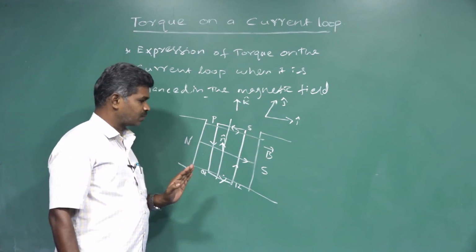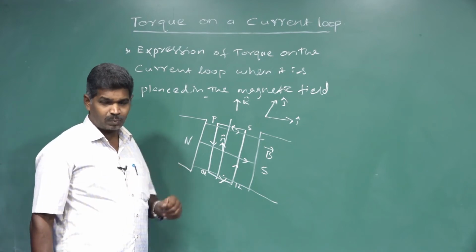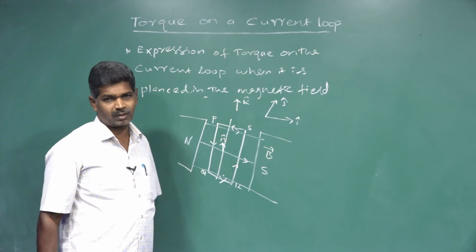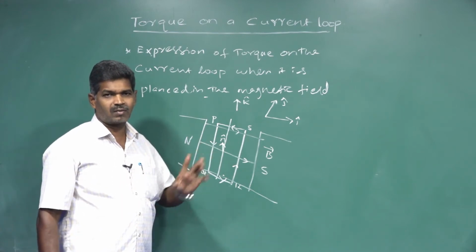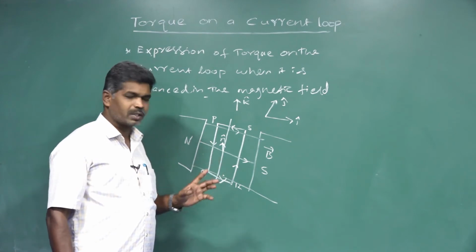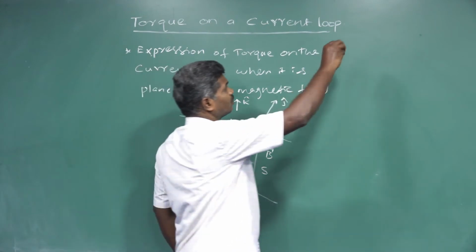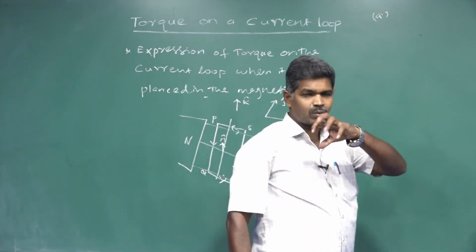Now we are going to take a very simple case. If the plane of the loop is parallel to the magnetic field, the normal is perpendicular to the magnetic field. First we will see the torque value when the plane of the loop is parallel to the magnetic field. We have two cases to see.